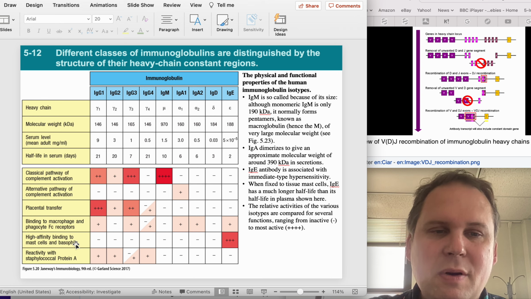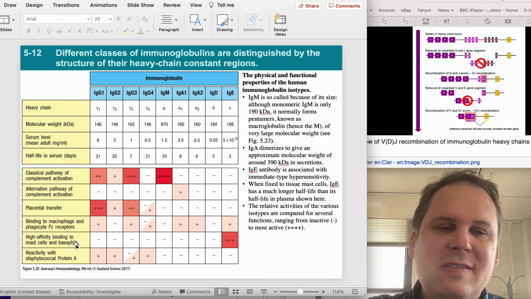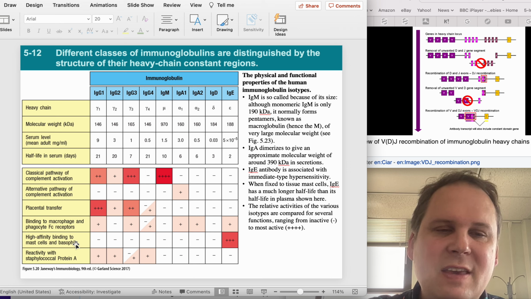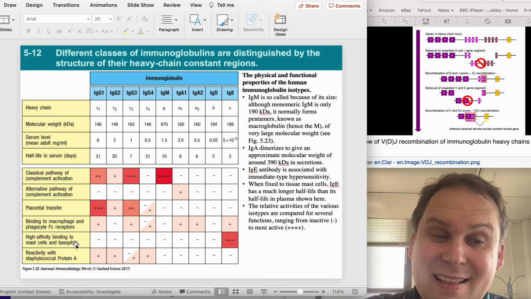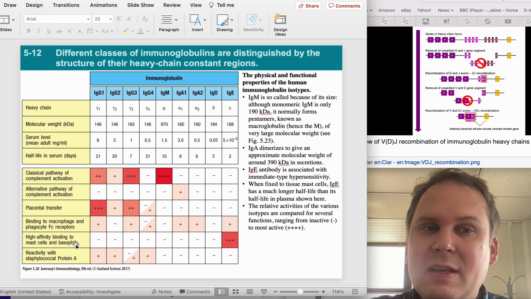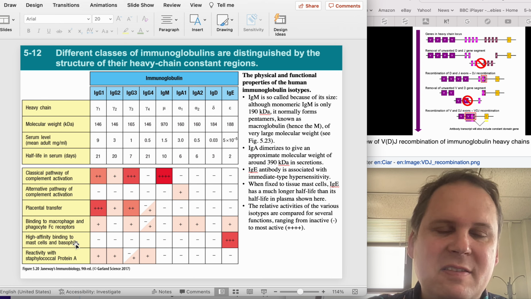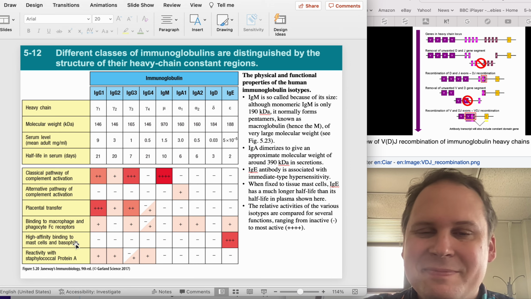Those are highly pro-inflammatory, and so you're just getting a localized inflammatory response to IgE that's bound to something. And that's a large component, not the only component, but a big component of what allergy actually is.